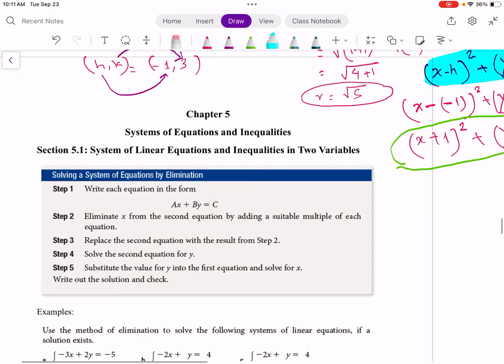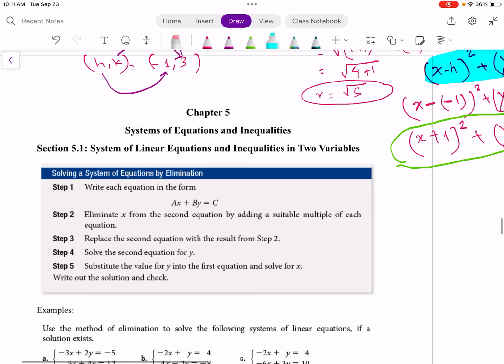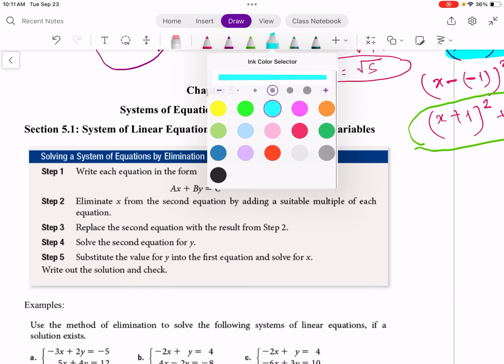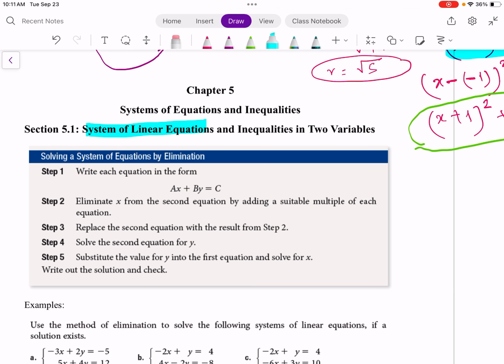In our section 5.1, we'll talk about systems of linear equations and inequalities in two variables. In chapter 1, we had a linear equation, right? So this is our general form of a linear equation, ax plus by equals c.